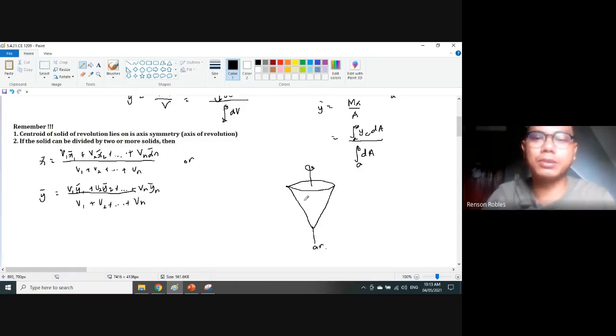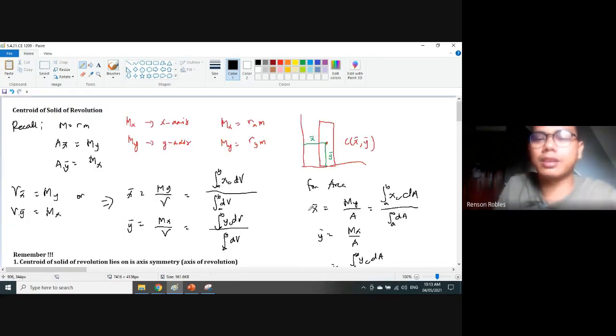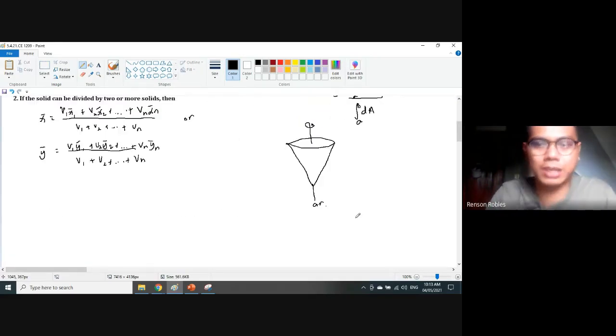And we say that by using this principle, the centroid has something to do with the center. So it's located exactly at the middle of the rectangular element. Which means when we are looking for the centroid of the solid, it will fall on its axis of symmetry, because that's the center.